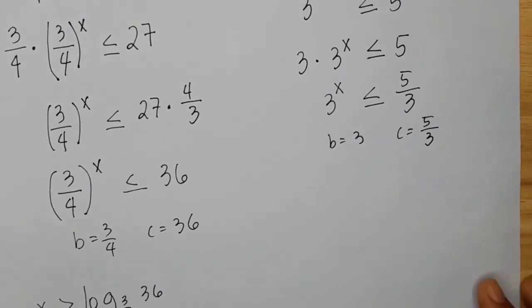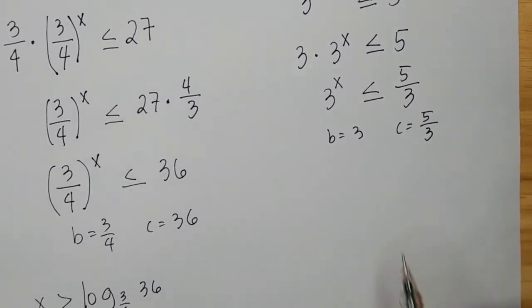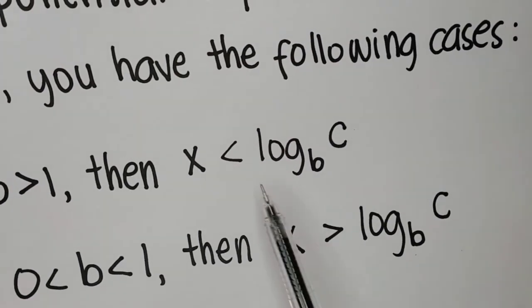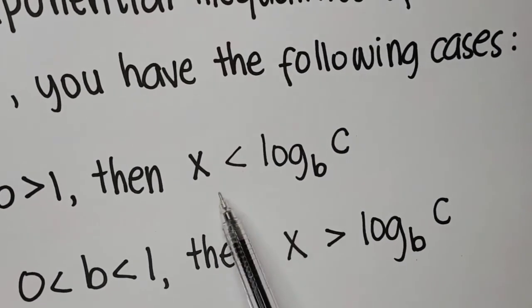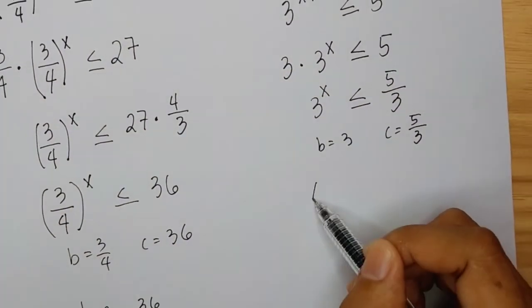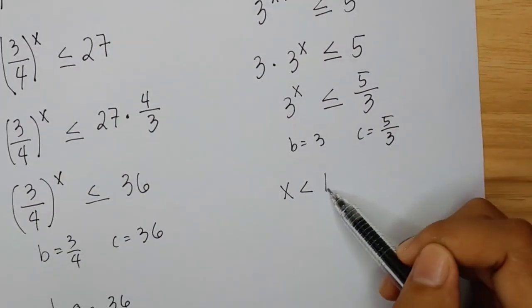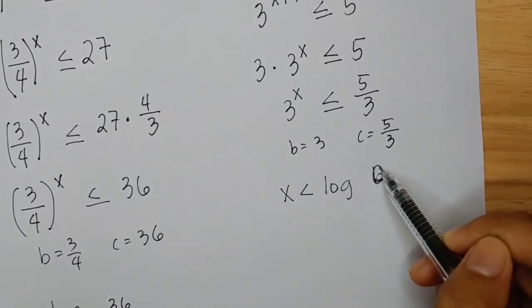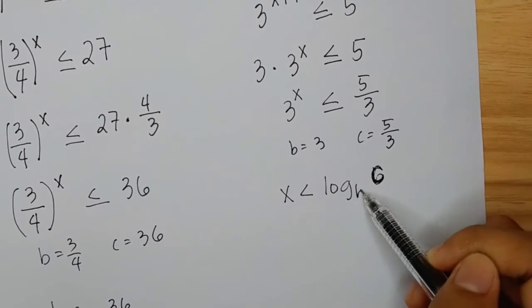So, we can now apply it. Diba yung b natin is greater than 1, so magagamit na natin ito. So, dapat ganito yung pagkakasulat ng magiging solution natin, that is x less than log of c to the base b.